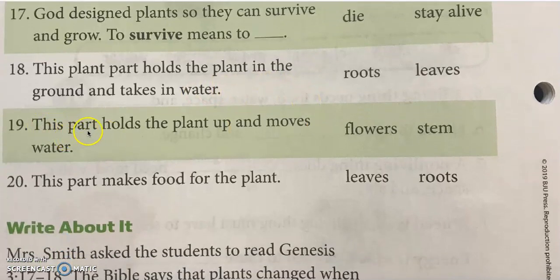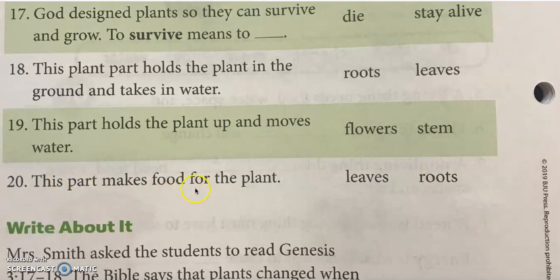Number 19, this part holds the plant up and moves water. Which part is it? Stem. Very good. Stem. The one that stands in the middle. It holds the plant up and moves water. So the water moves from the root to the stem and to the leaves, right?